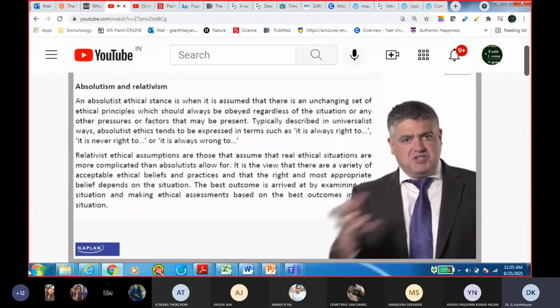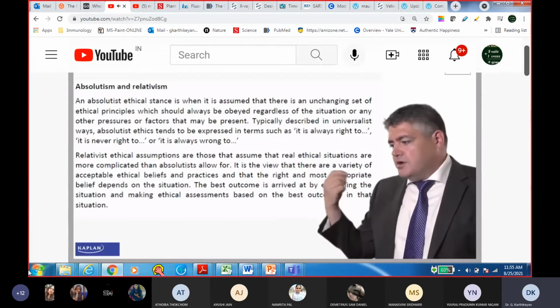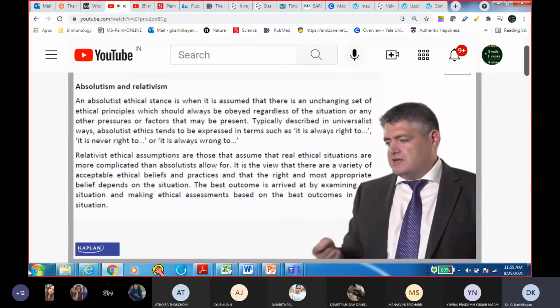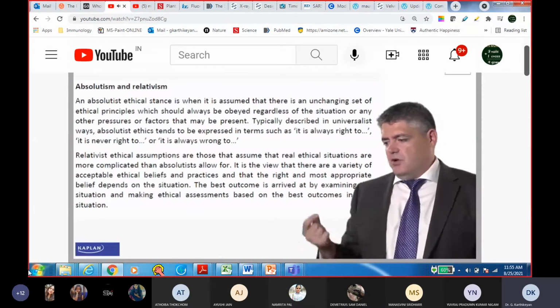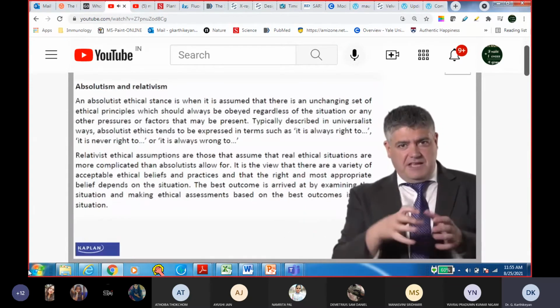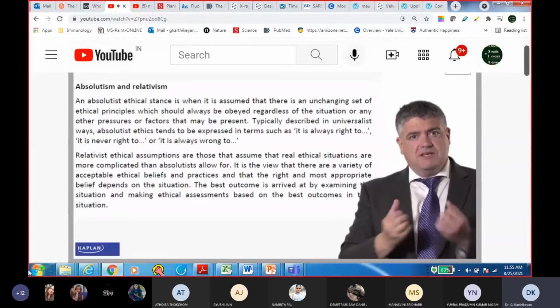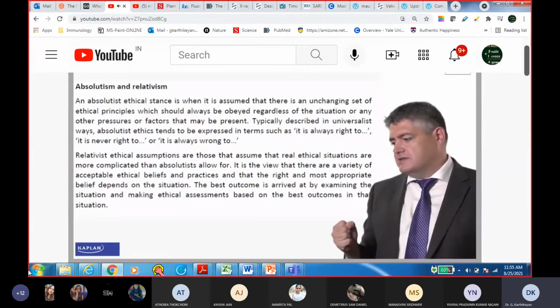Well, that makes sense to me. That's just what we said on our earlier slide, written in a sentence, which should always be obeyed regardless of the situation or any other pressures or factors that may be present. Again, it's just using the words that I put on the slide previously and wrapping them together into a couple of sentences.